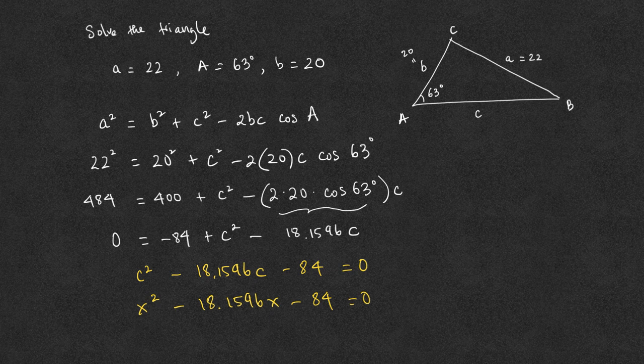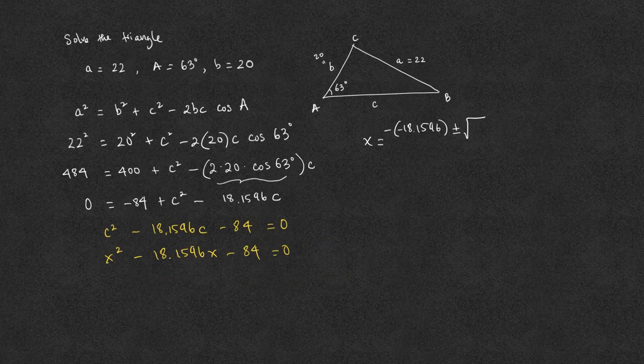x is the length of the side c in this case, where x equals negative b, b is negative 18.1596, plus or minus the square root of the discriminant, and the discriminant is b squared, which is negative 18.1596 squared minus 4ac. c is negative 84 in this case.